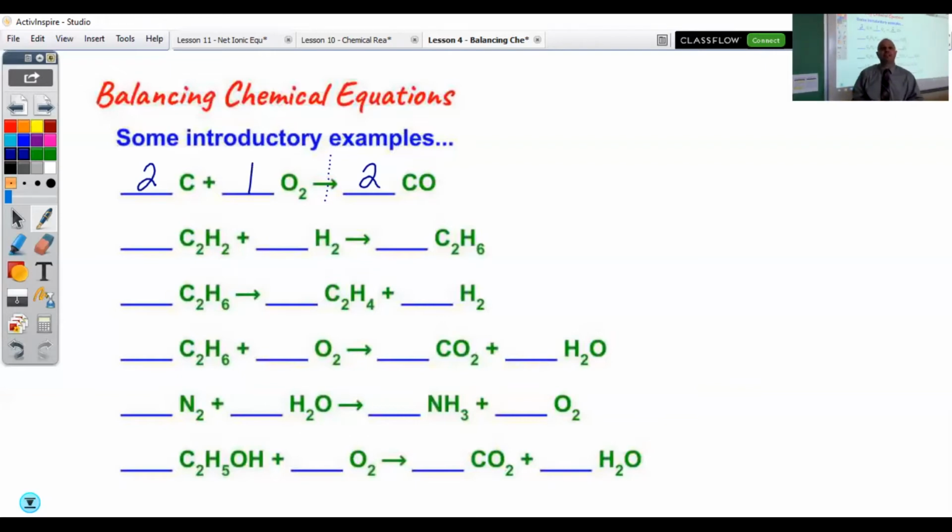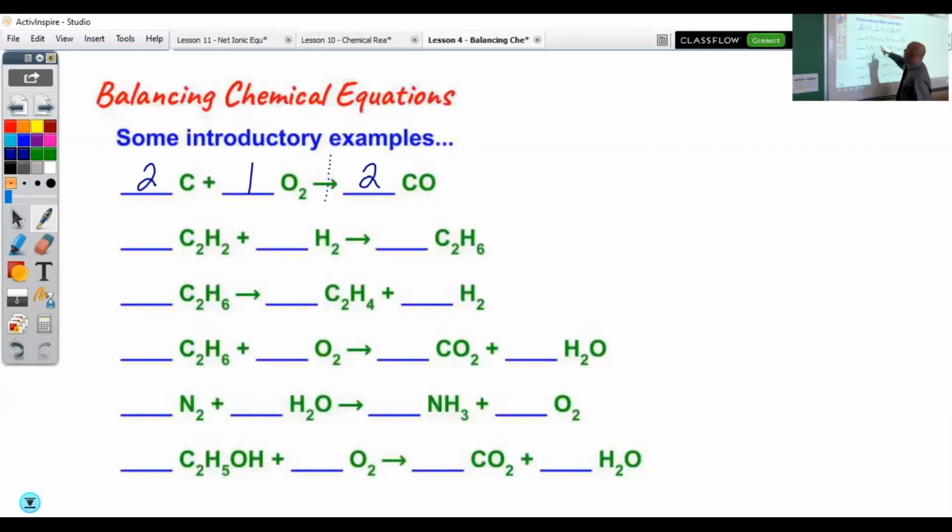Let's take a look at example number 2. To start off, we have 2 carbons on the left. We have 2 carbons on the right. We have 2 hydrogen on the left and 2 more, so that's 4 hydrogen. We have 6 hydrogen on the right. Now, what we don't want to do is mess with carbon since that is already balanced.